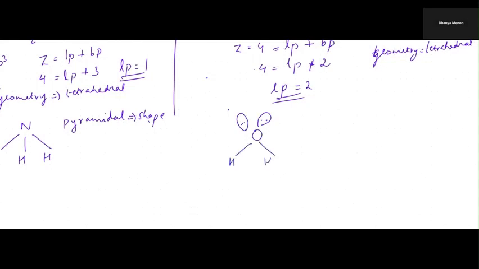This is the lone pair, this is the bond pair. This is the lone pair, this is the bond pair. So, this lone pair will push them. So, this bond angle is greater than 109 degree. Okay, there is also an angle here. Let's take it as θ1. Let's consider this as θ2. Let's consider this angle as θ3.